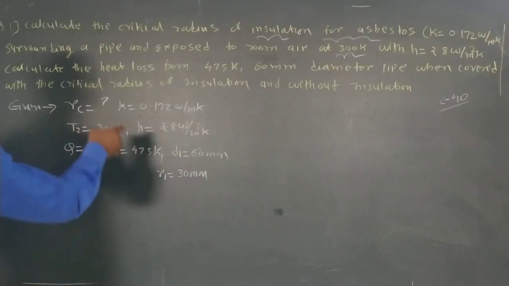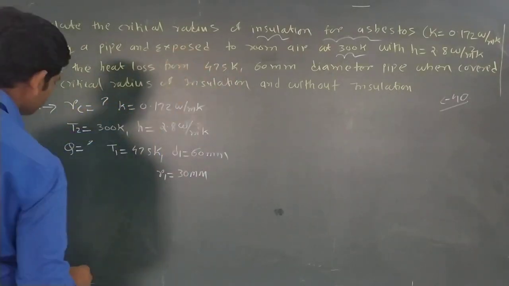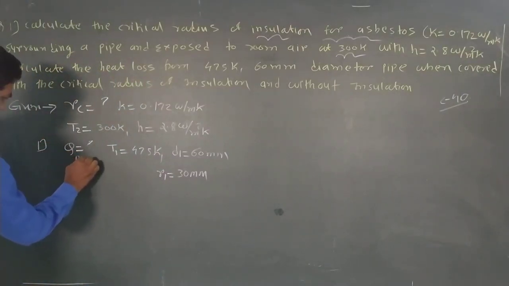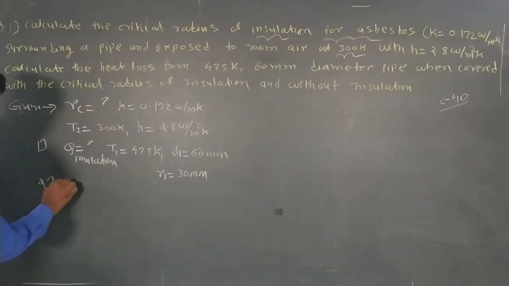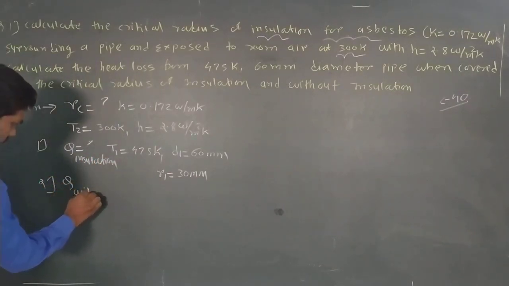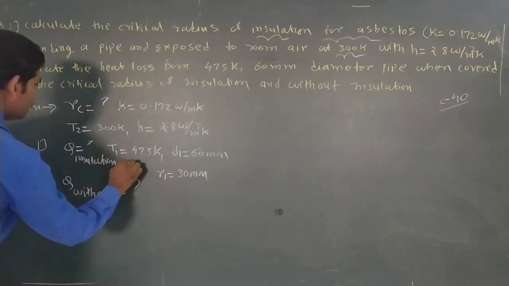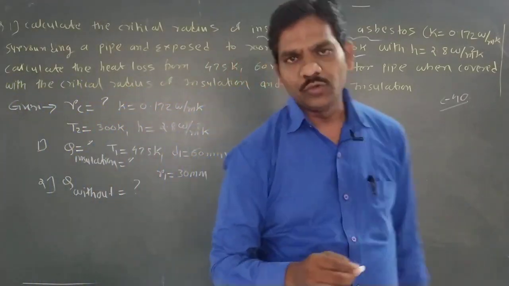Right? When covered with a critical radius of insulation and without insulation. Means we have to calculate Q with insulation, and second we determine Q without insulation. So, these are the two cases required to solve this numerical.